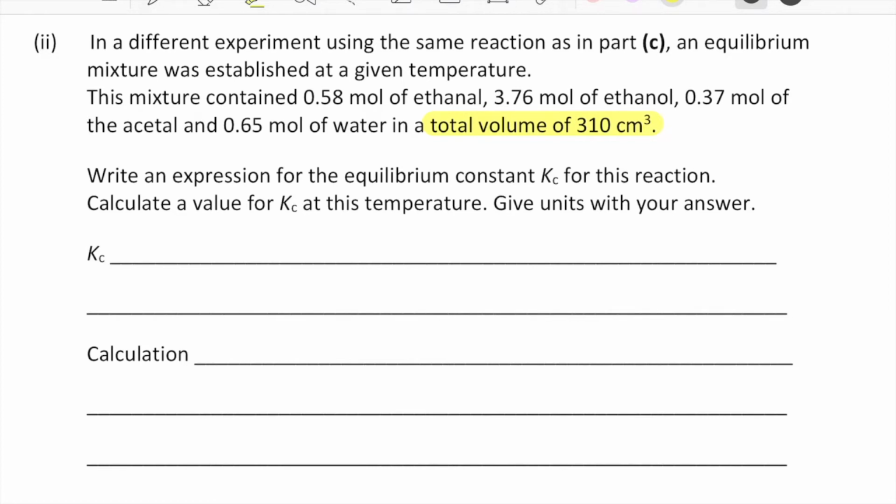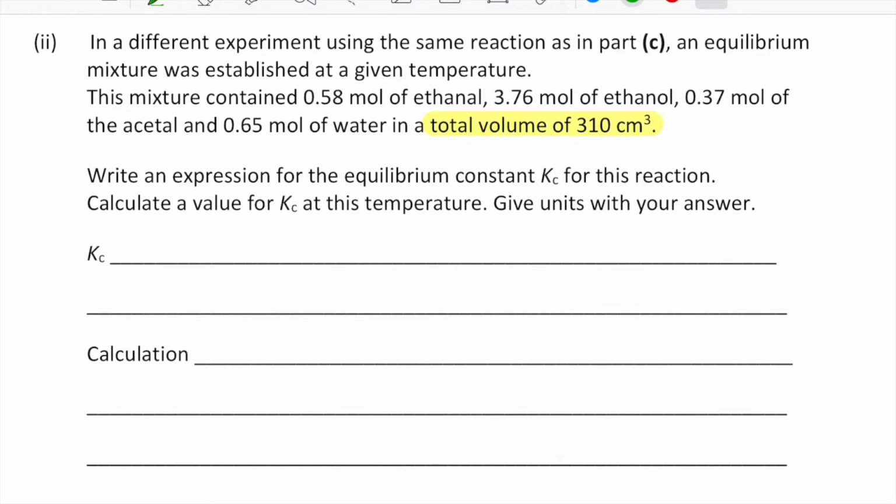So if you answer a question and you discover at the end, once you've finished, that you have not used one of the values that you were given in the information, you have definitely made a mistake. So in this example, we're given a volume, so we're going to have to use the volume.